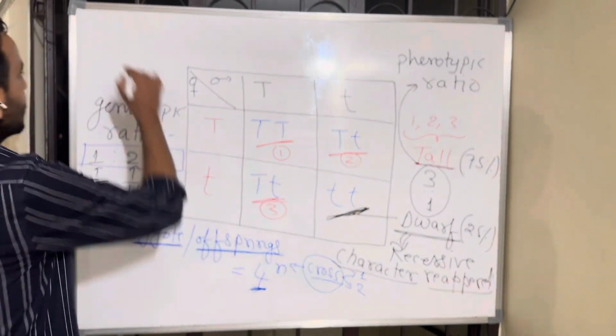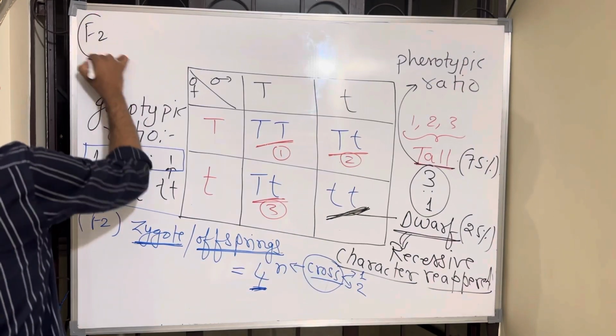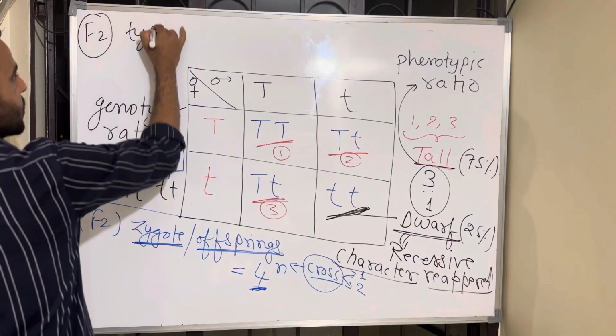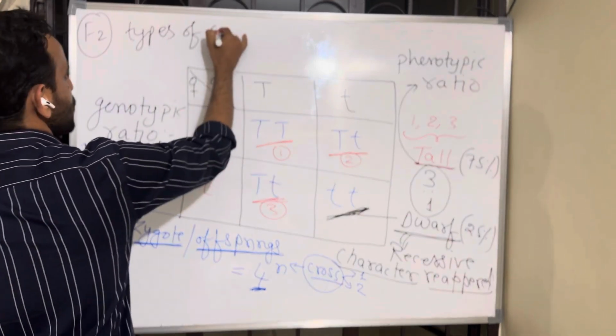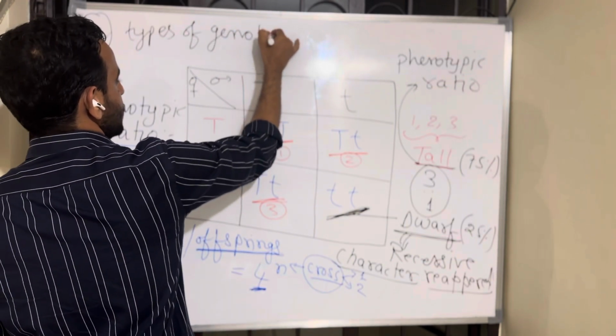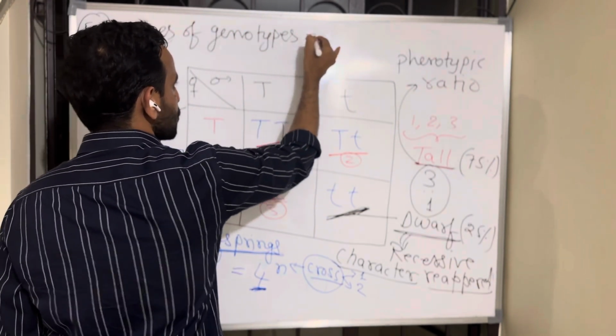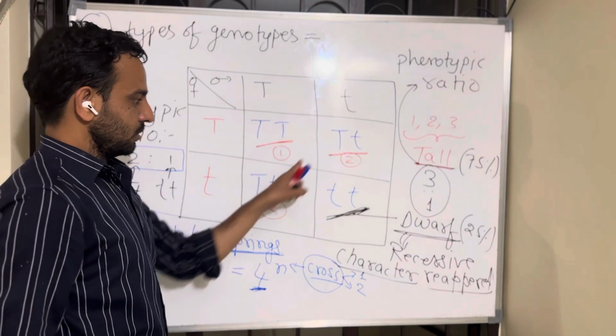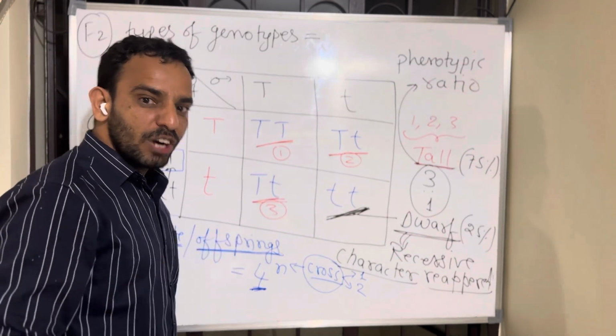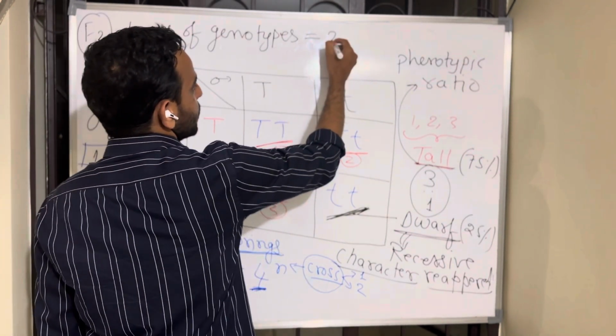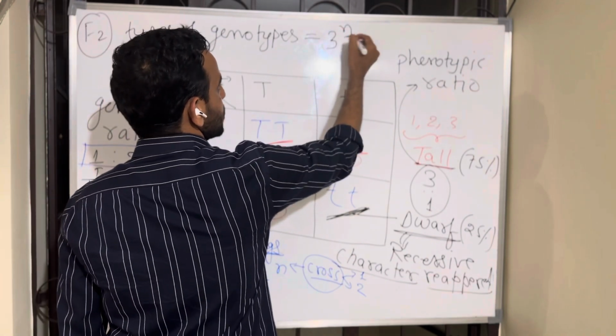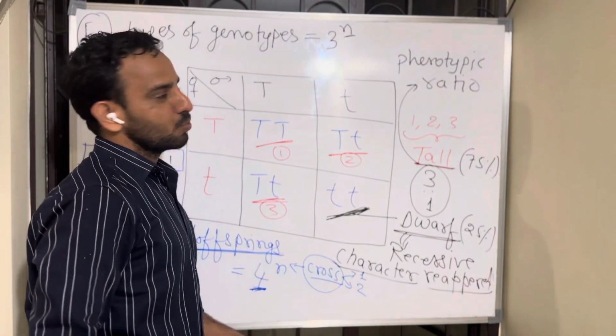That means in the F2 generation, when we take 1, the least number we get is 3. So it should be 3 to the power n.